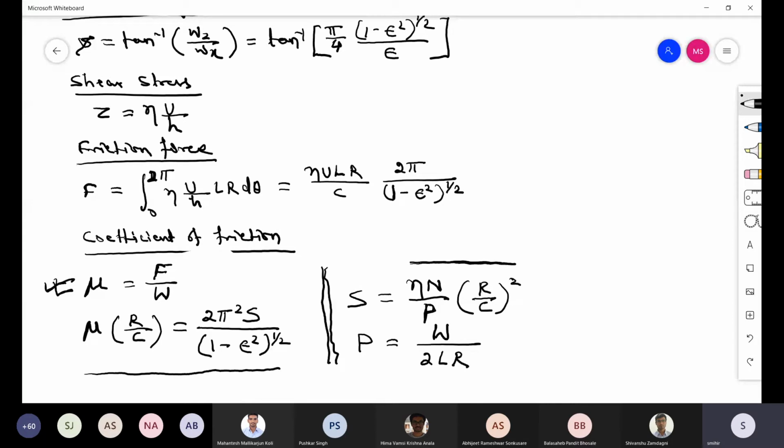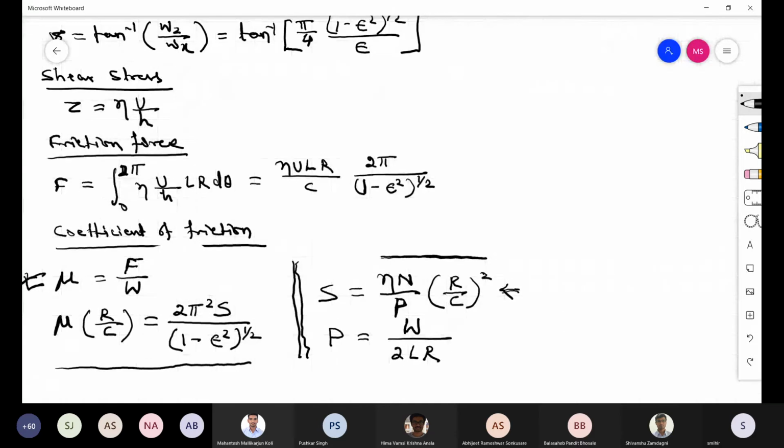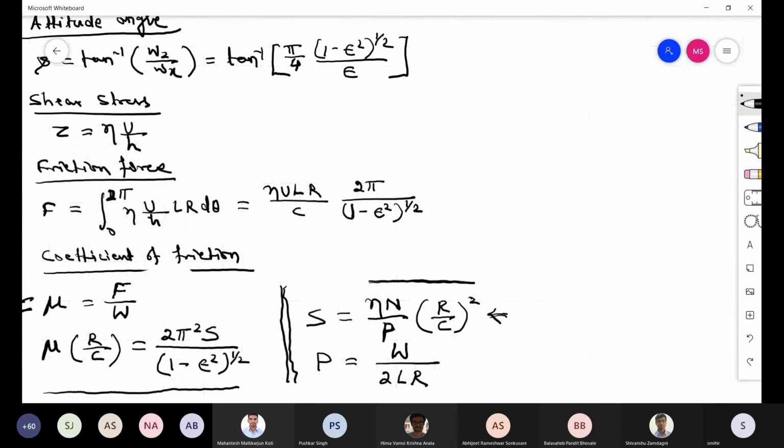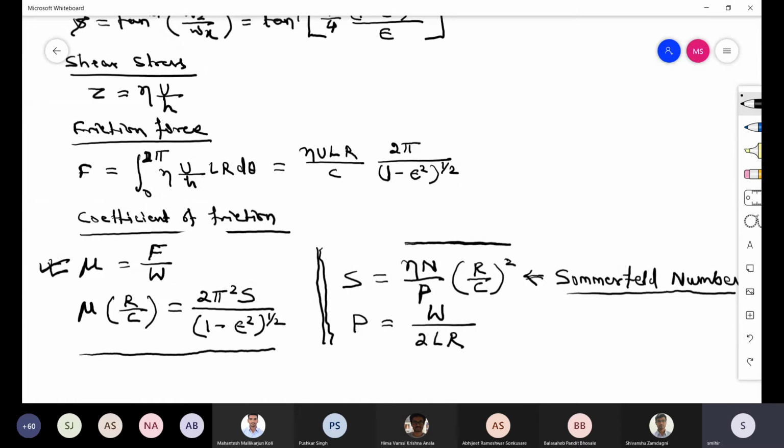Now S is known as Sommerfeld number. This is a very important number for bearings. Where P in the Sommerfeld number, P is W by 2 LR. What is this P now then?